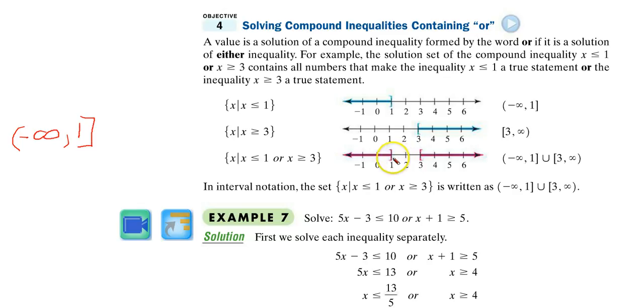How do we link that space together? Well, we use the union symbol, and then we pick up on the other side, which is bracket, or brace I should say, 3, comma, positive infinity, parenthesis. So where this, if it were intersection, would be an empty set, with union we include everything. And we use that union symbol to link the two parts together.